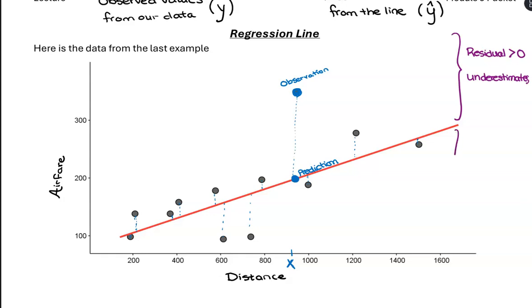Now, if we're below the equation of the line, say we're down here, we take our observed value, our y value there, and subtract the y value coming from our line. So we're taking something small and subtracting something larger, and that means we're getting a residual that's negative.